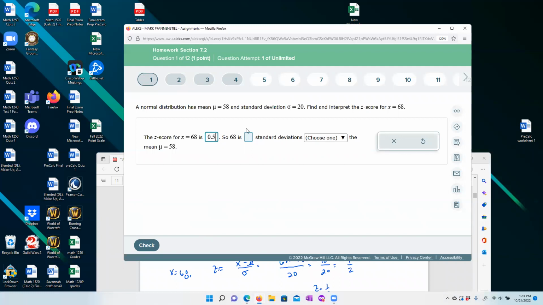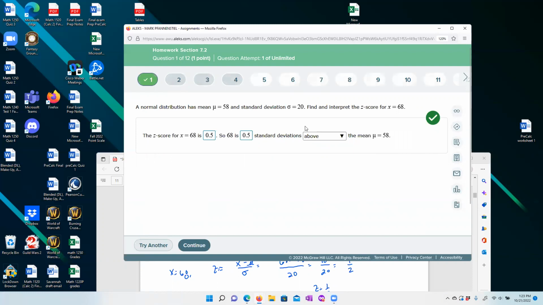So 68 is 0.5 standard deviations away from the mean. It's actually above the mean because it's a positive number. If it was lower than the mean, it would be a negative number. That's just how we identify that. There's no judgment here on positive or negative; it's just above the mean, a bigger number. Check, we get the green light, and then we'll go on.